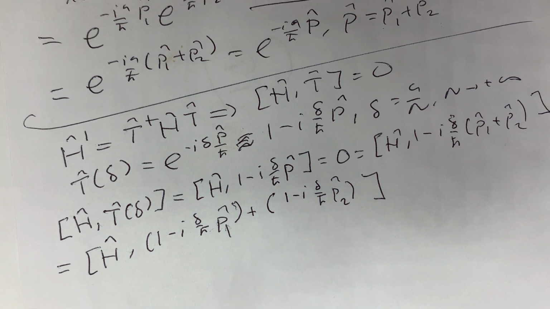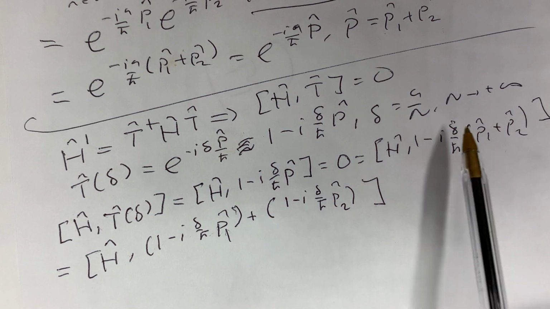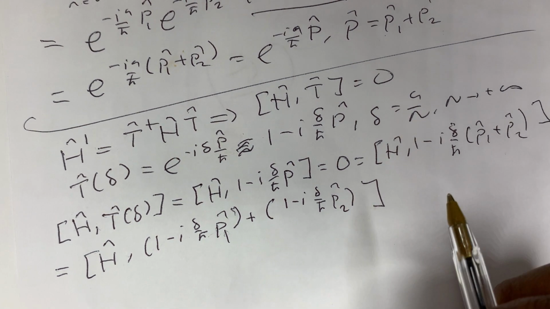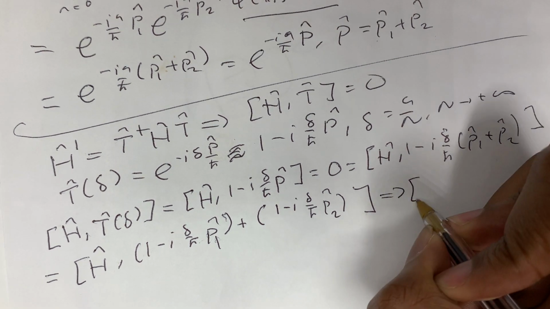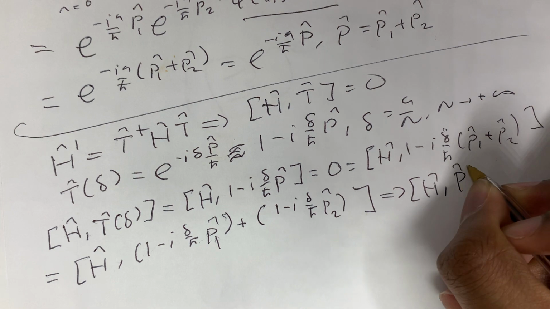Okay, let me just see. Yeah, so we're just distributing the term inside of there. Okay, and this of course implies that h bar and then big P is 0.